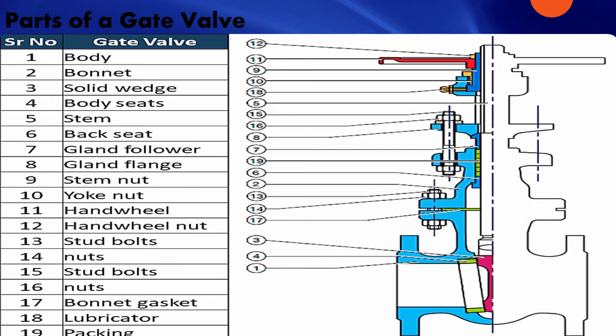Going in the series we have body seats, stem, back seat, gland follower, gland flange, stem nut, yoke nut, hand wheel nut, stud bolts, nuts, stud bolts, nuts, bonnet gasket, lubricator, and finally the valve packing. So this is the inside of a gate valve.